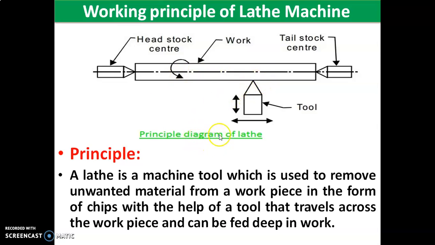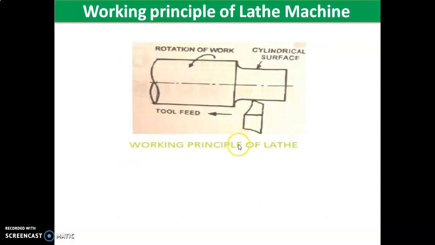So what happens when we keep this cutting tool parallel to the axis of the workpiece? See here in this diagram, the movement of the cutting tool is parallel to the workpiece. This is the feed direction. The feed direction is parallel to the axis of the workpiece. If we keep the tool parallel to the axis of the workpiece, then we get a cylindrical surface.